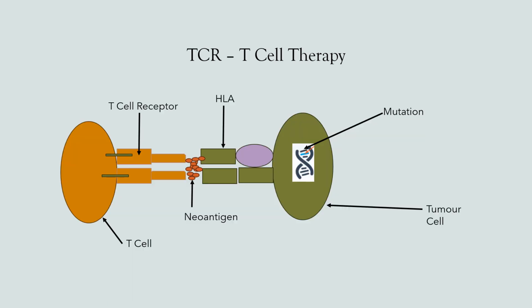And then this was me putting together my very awkward, if you like, T cell receptor T cell therapy, where the T cell is designed to bind to the antigen that is presented on the major histocompatibility complex class 1, or the HLA class 1 mutated cell.